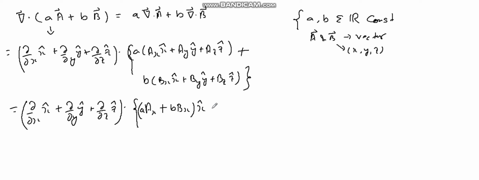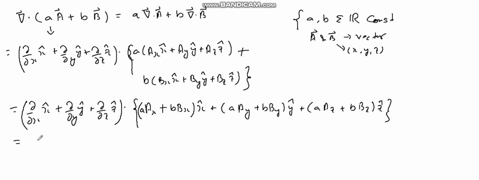It is going to be much easier in this way. This is a times Ay plus b times By, y cap, plus a times Az plus b times Bz, z cap.